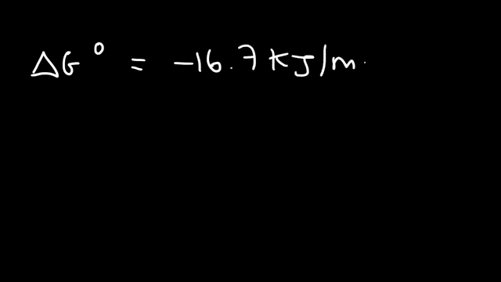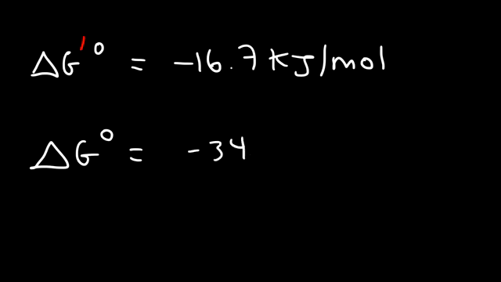Now, one thing I do want to mention before moving on to step 2 is I think I wrote delta G naught is equal to negative 16.7 kilojoules per mole for the first step of glycolysis. But this should be delta G prime naught. Now, if you compare it to delta G, which is negative 34 kilojoules per mole, the reason why it's different is due to the pH values.